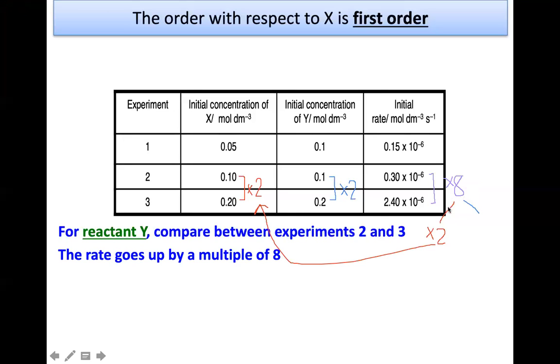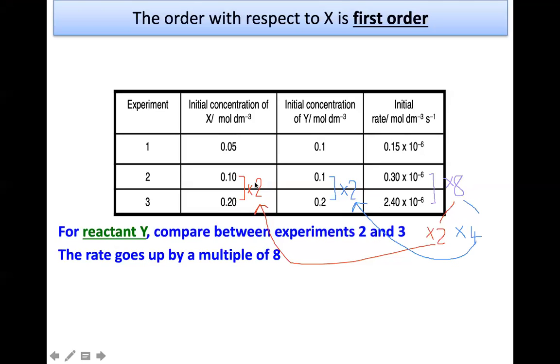Now, if you break this down, factor of 8 equals times 2 times 4. Do you agree? So this times 2 is the effect from X, and this times 4 is the effect from Y. Now, we don't have to worry about X.